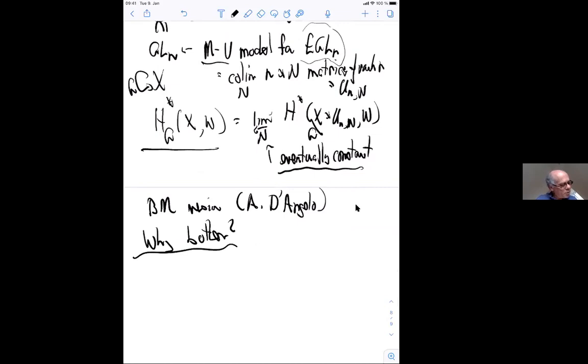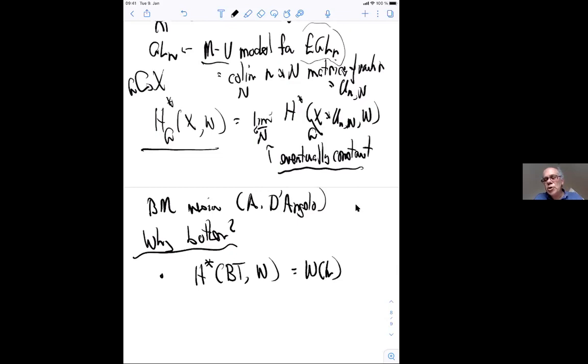Well, the main reason is that the cohomology of BT for a torus with coefficients in the Witt-sheaf is just W of k in degree 0. So all the Euler classes of line bundles vanish in Witt-sheaf cohomology.